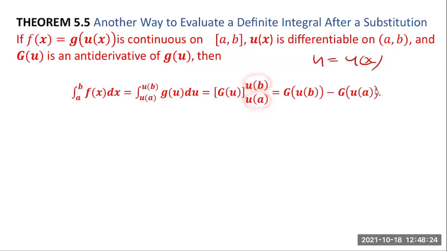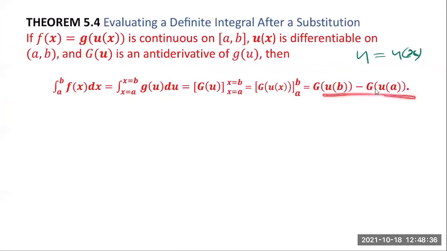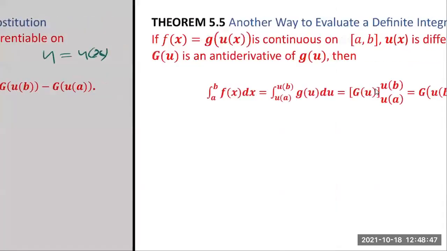If you plug in u is equal to u of b, you get this expression. And if you plug in u is equal to u of a, you get this expression. Notice that both answers are same. This is same thing as this in the previous theorem. That's the idea of definite integral when you use substitution.